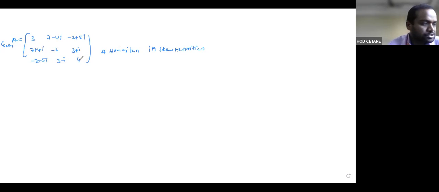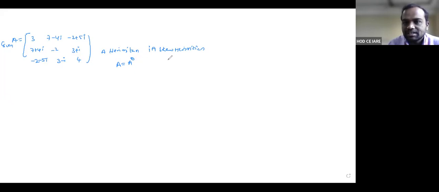We know that any complex matrix is said to be Hermitian if A is equal to the conjugate transpose of the matrix.